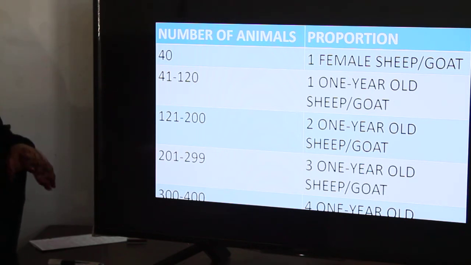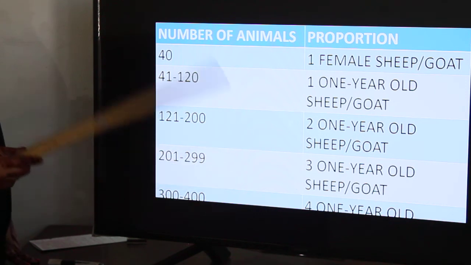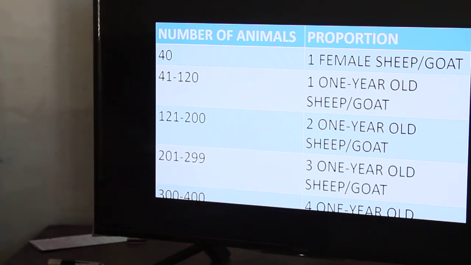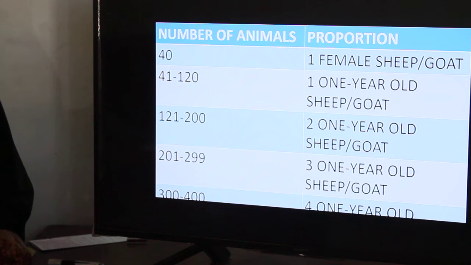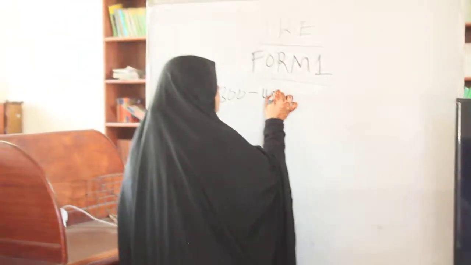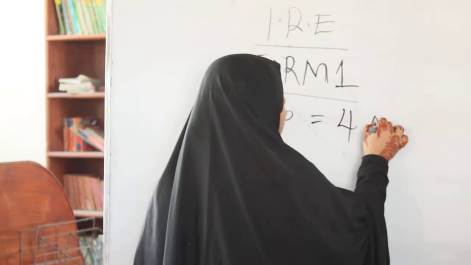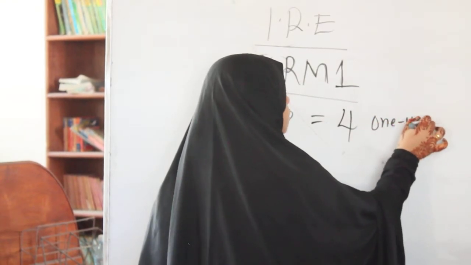It's either sheep or goat, depending on the animals that you have. Then 300 to 400 is 4 1 year olds, goat or sheep.